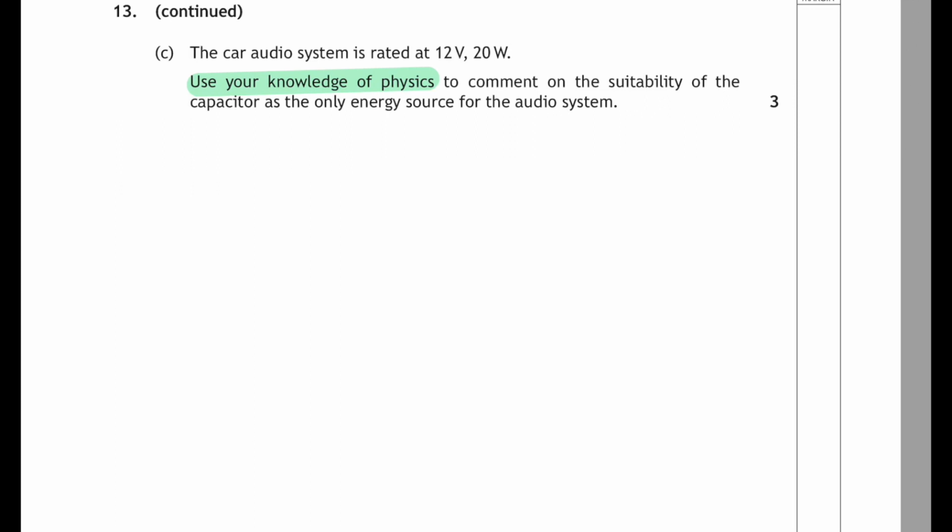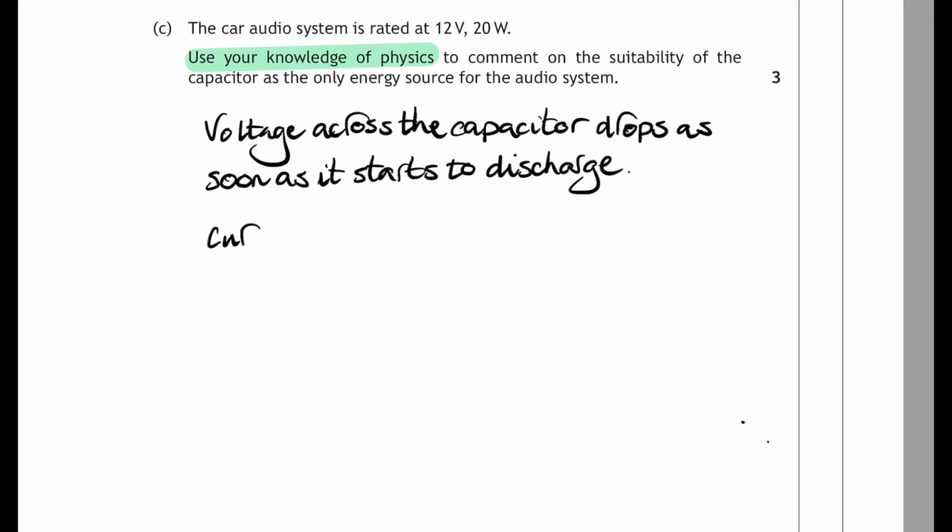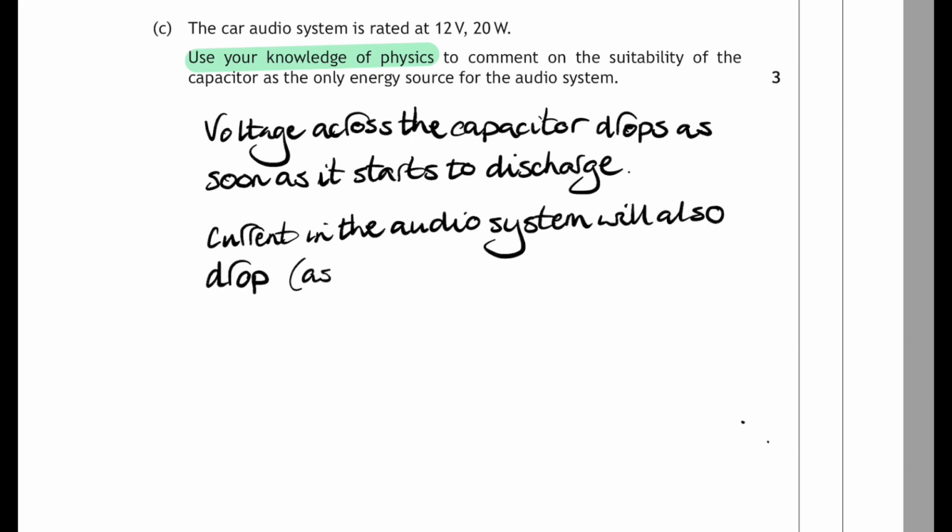We're being asked about the suitability of a capacitor as the only energy source for an audio system. Well, the voltage across a capacitor will drop as soon as it starts to discharge, and therefore the current that it can deliver will also drop, but we're assuming here that the car audio system has got a constant resistance, and that it obeys Ohm's law, V equals IR.